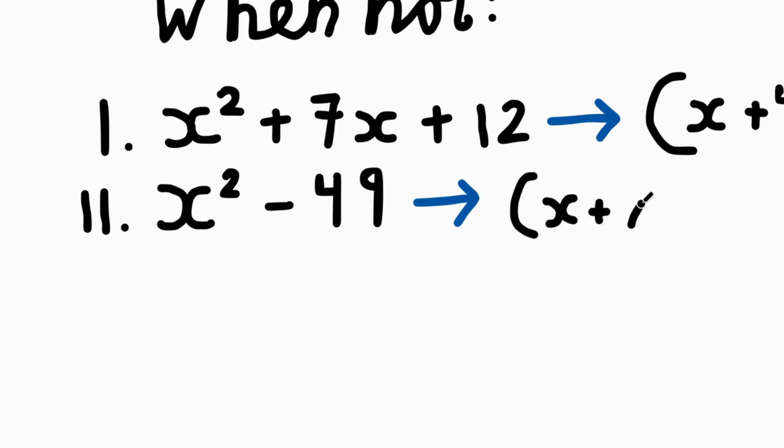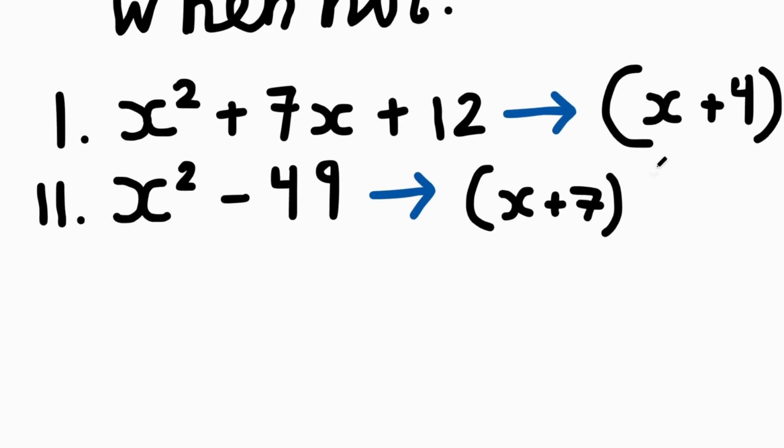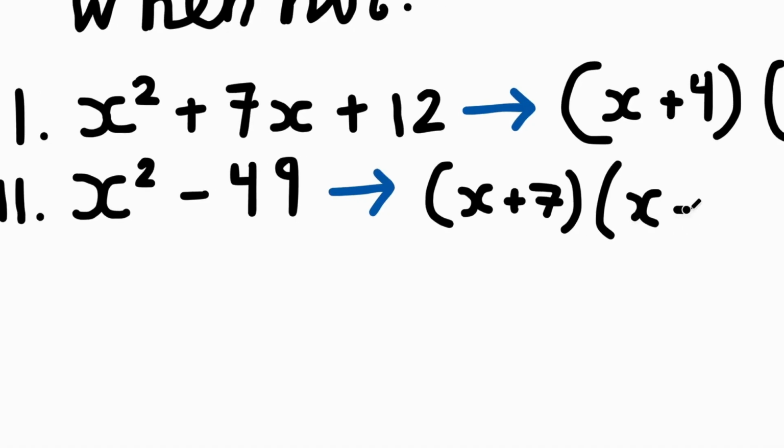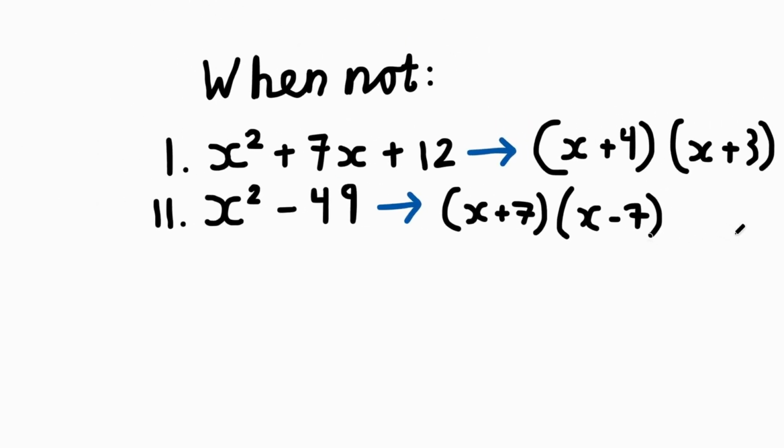It's easy, fast, quick. It really is efficient. And same for the second question. This should be a quick x plus 7, x minus 7. No working out needed. So yeah, these two cases, straightforward. Just solve it with any of the two methods.